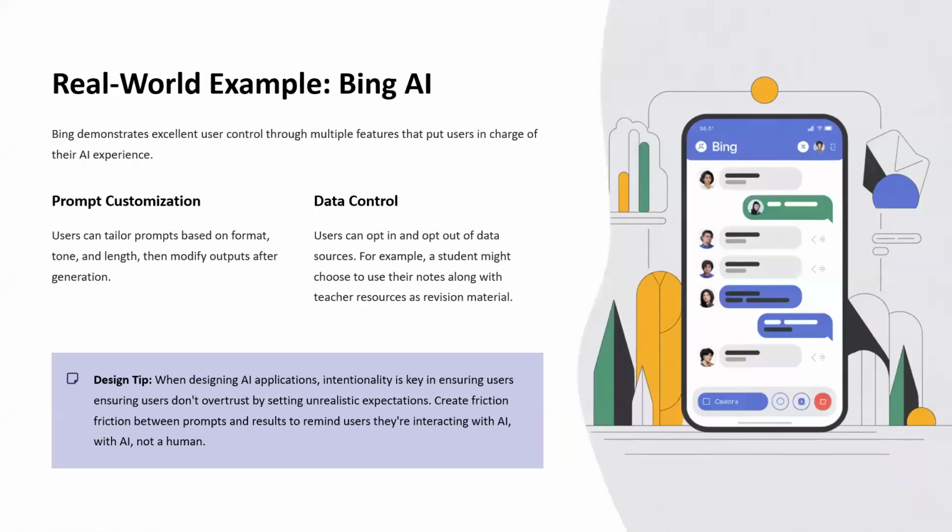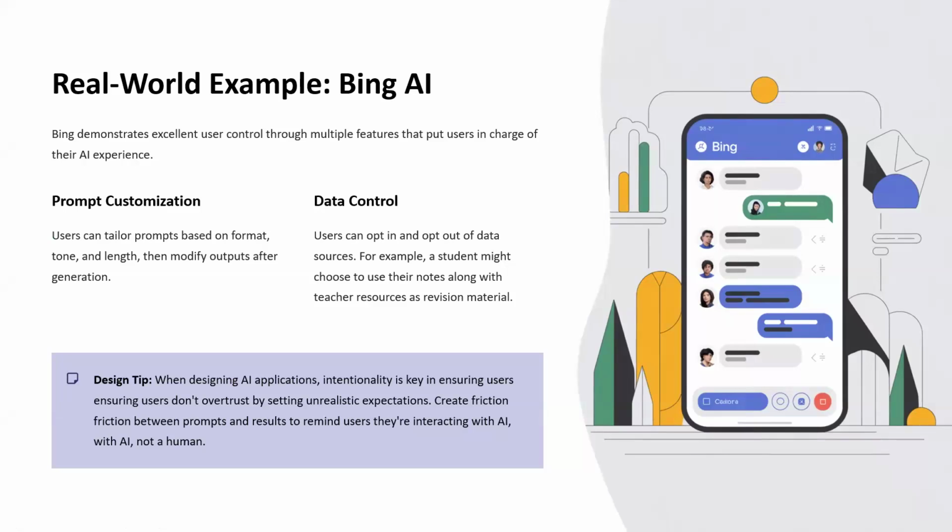A real world example would be Bing AI. Bing demonstrates excellent user control through multiple features that put users in charge of their experience. This allows prompt customization: users can tailor prompts based on format, tone, and length, then modify outputs after generation. Data control: users can opt in and opt out of data sources.